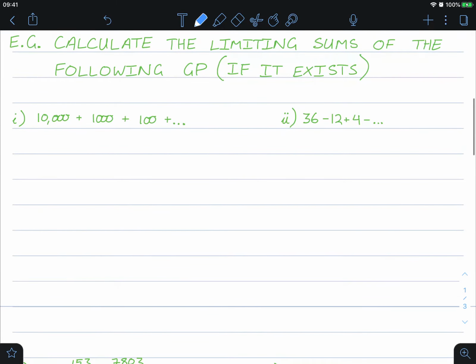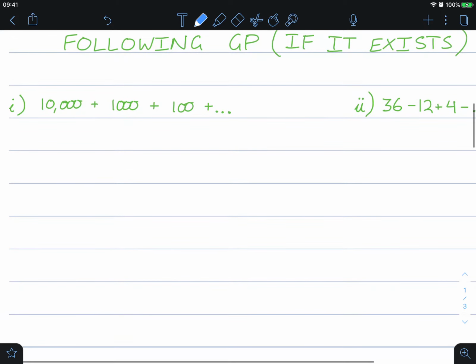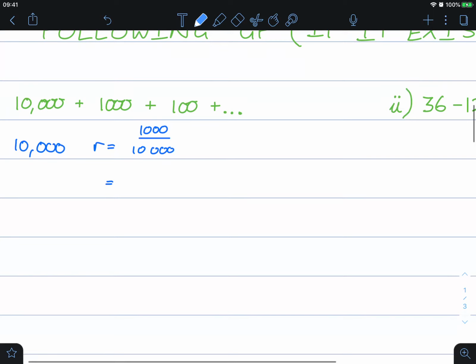So let's get to it. For this, we need the first term. It's very easy to see. It's 10,000. And the common ratio is any term, so let's pick 1,000, divided by the previous term, 10,000. You can check in your calculator, or you can just do some zero cancelling.